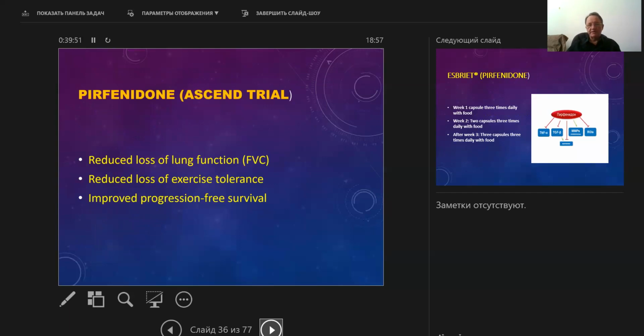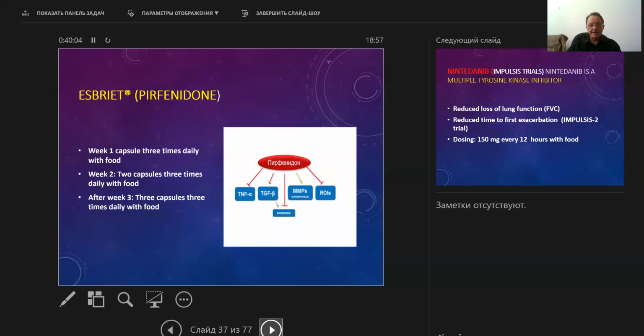Pirfenidone, according to the ASCEND trial, reduces loss of lung function, reduces loss of exercise tolerance, and improves progression-free survival. Its antifibrotic mechanism of action is a blockade of transforming growth factor beta, a crucial cytokine which supports and accelerates fibrosis of the lung.